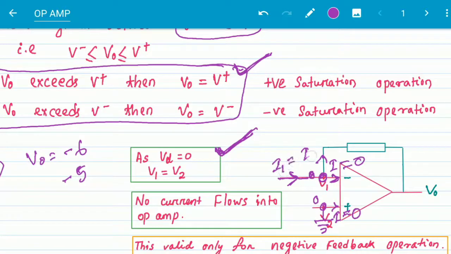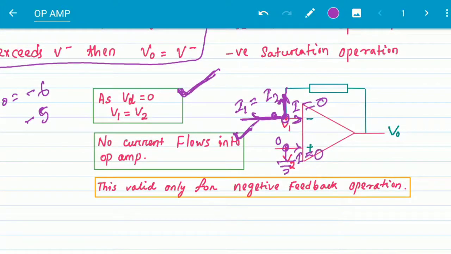I1 is equal to I2. So no current flows into the op-amp. Current will flow this way. This is the third thing we have to remember to solve the problems. And the fourth one is, this is valid only for negative feedback amplifiers.